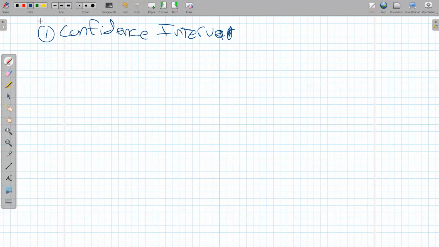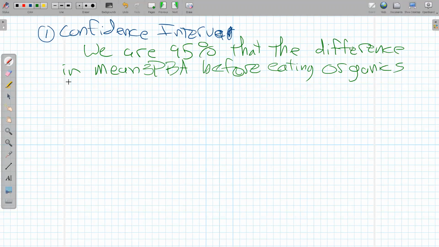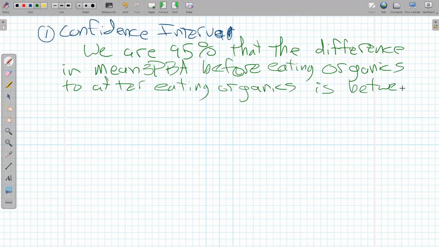So we are 95% confident that the difference in the mean 3-PBA before eating organics to after is between 17.5 micrograms and 30.9 micrograms.